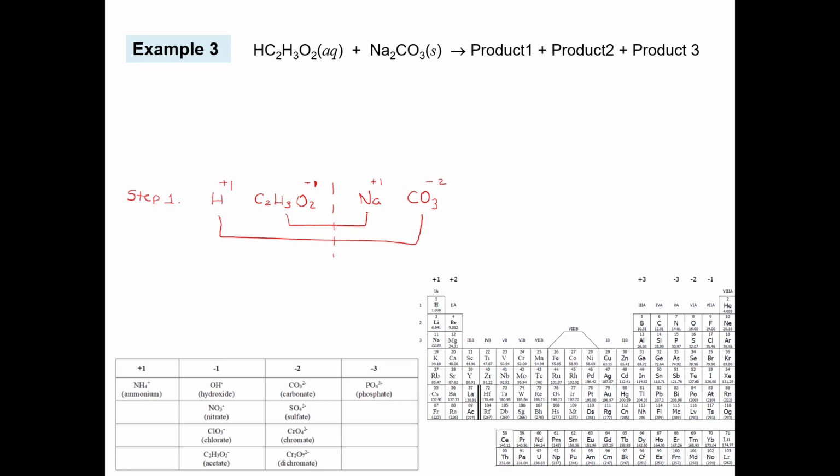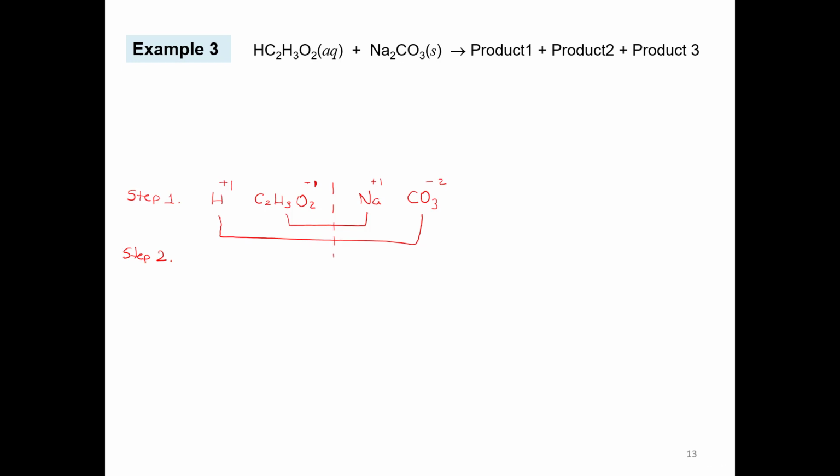Now in step number 2, we need to write the neutral products. Hydrogen reacts with carbonate, and we know hydrogen is +1 and carbonate is -2.